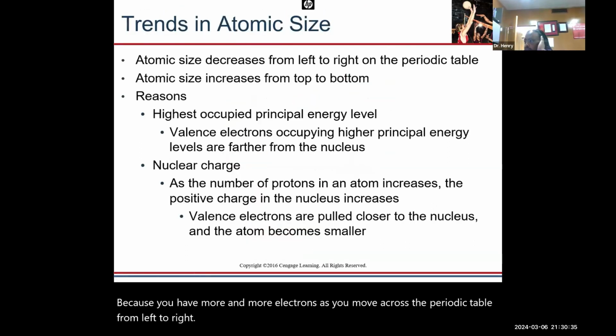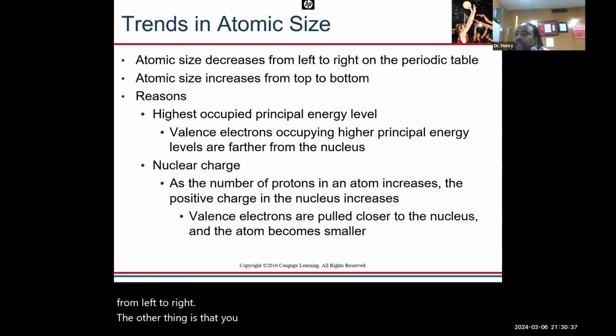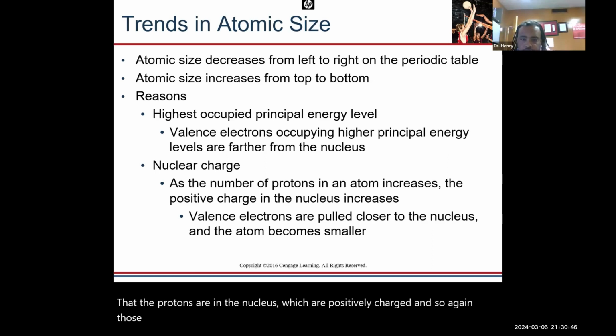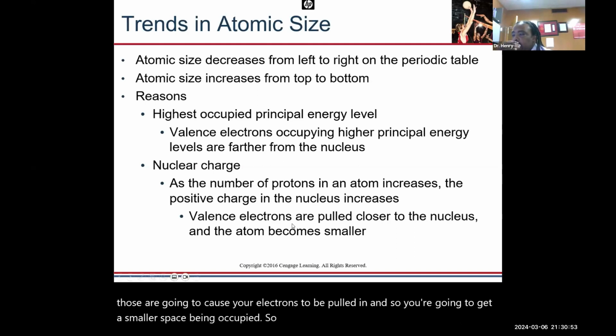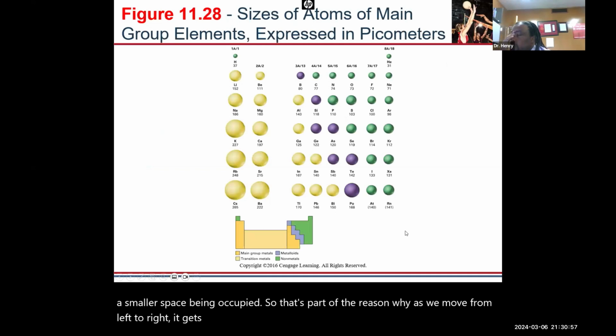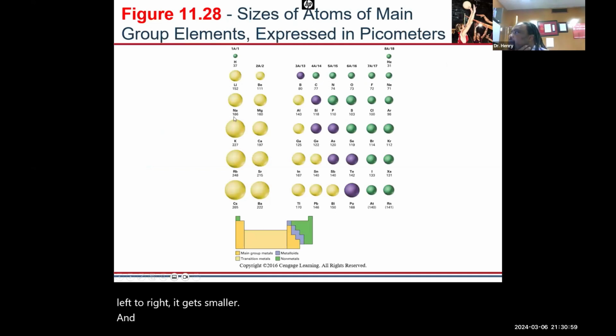The other thing is that you guys remember that the protons are in the nucleus, which are positively charged. And so again, those are going to cause your electrons to be pulled in, and you're going to get a smaller space being occupied. So that's part of the reason why as we move from left to right, it gets smaller. And this is an example of the size of the atoms on our periodic table.